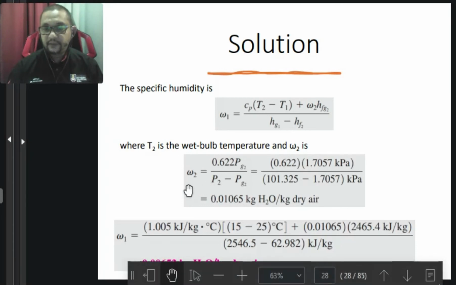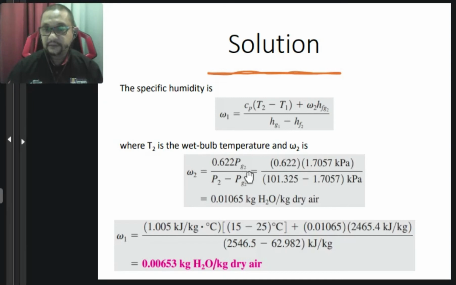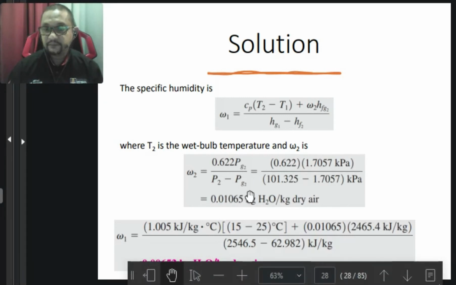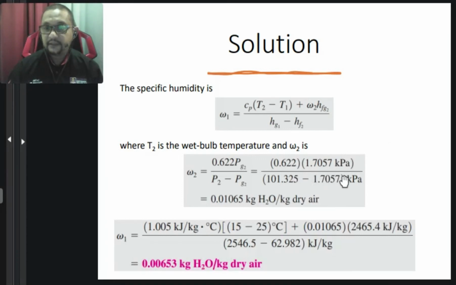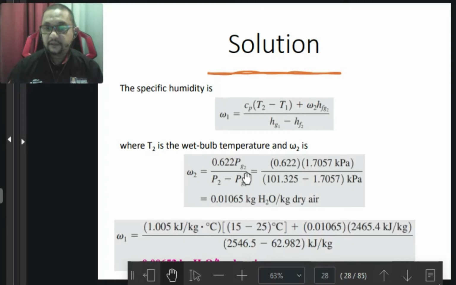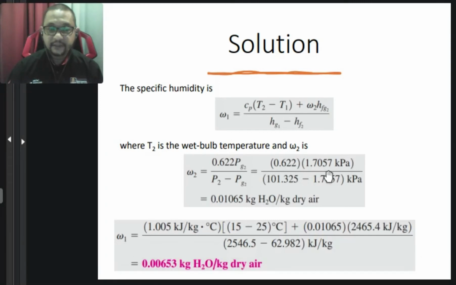To find omega 2, we can use the equation omega 2 equals 0.622 Pg2 over P2 minus Pg2. Then put in all the values, because Pg2 we can get from the Table A4 properties table.